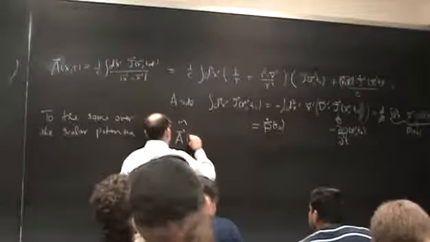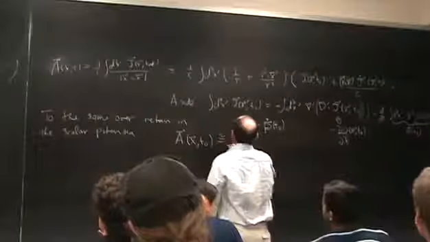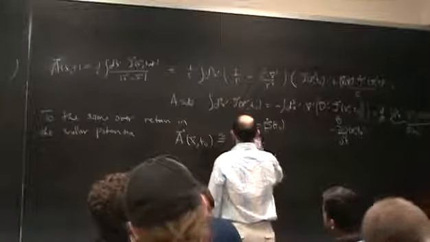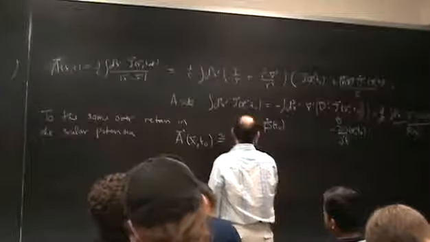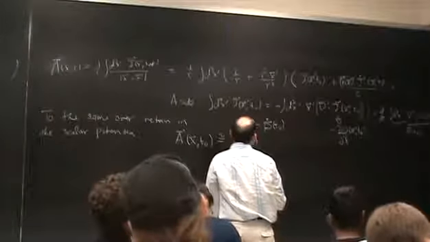The vector potential is approximately equal to p dot over c R.